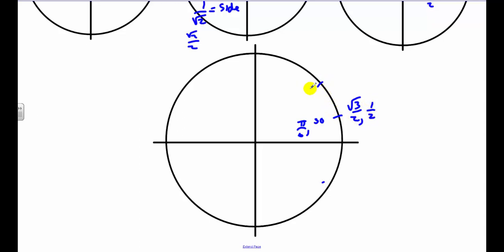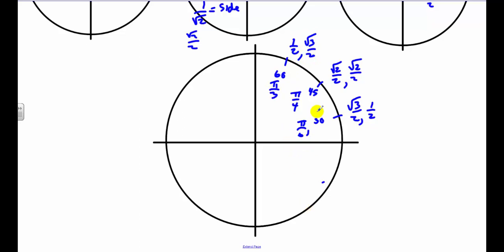For a 45-degree angle, or pi over 4 in radians, I know I have x and y coordinates of root 2 over 2 and root 2 over 2. And for a 60-degree angle, which we also know is pi over 3, we get a half and root 3 over 2.